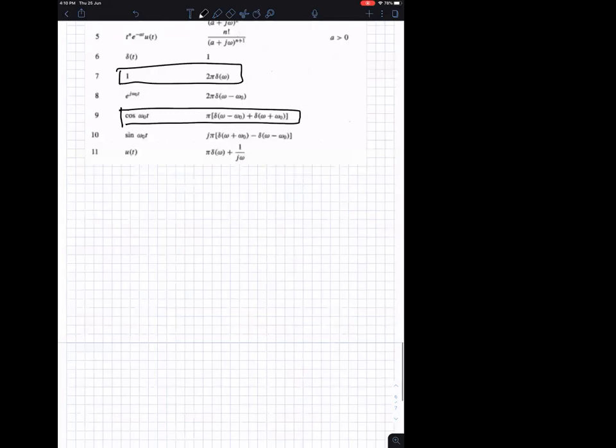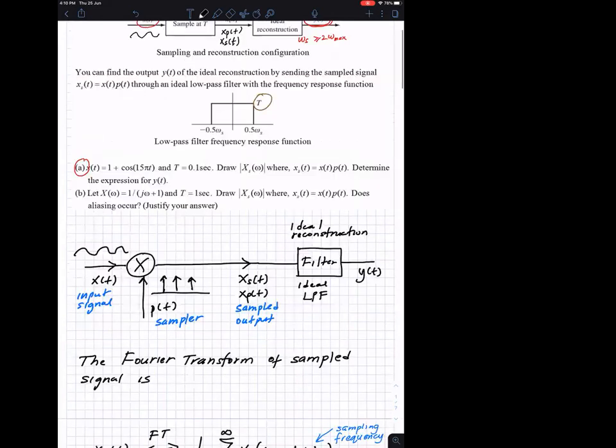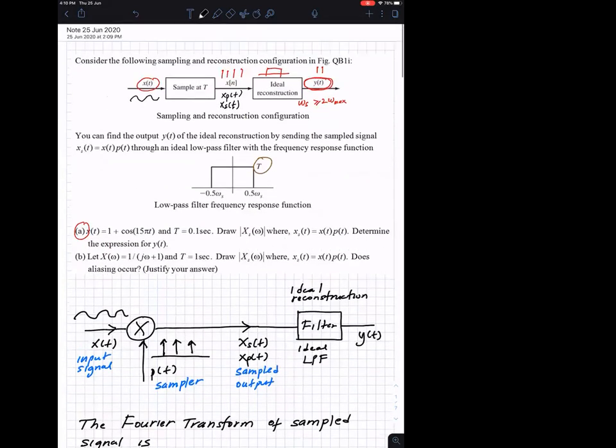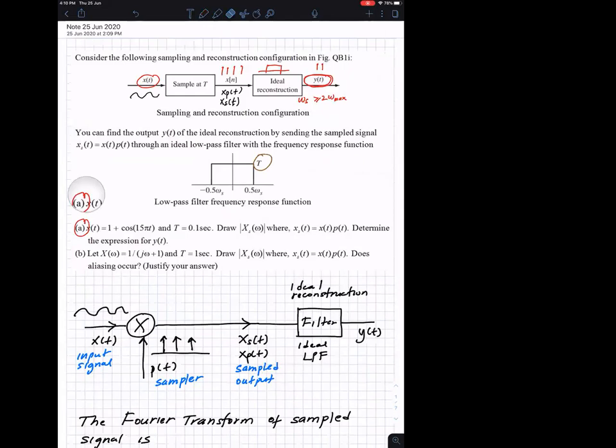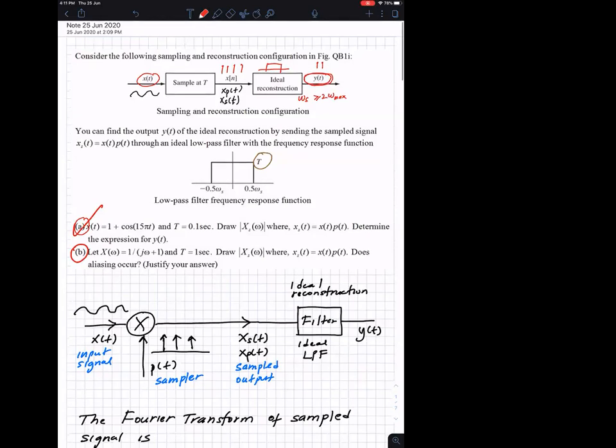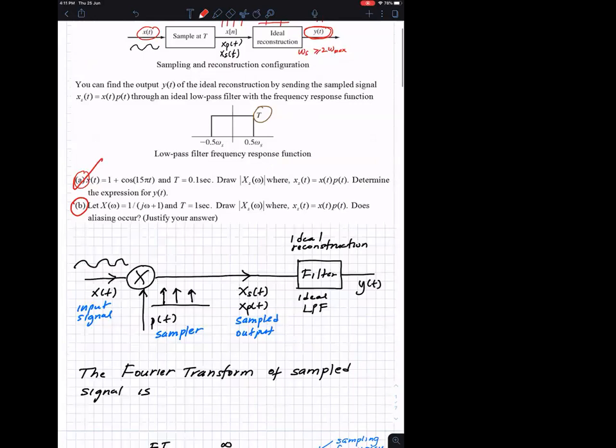So this question here, we have already done. Then I gave you an assignment. This is done. Now you look at this. The same kind of problem. The input, same problem here, same as this.